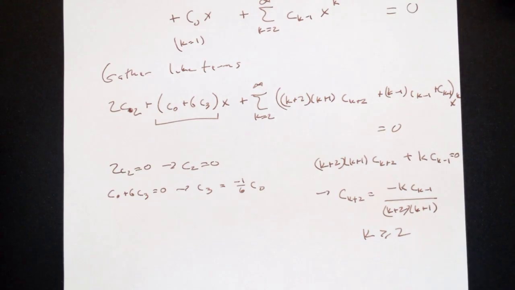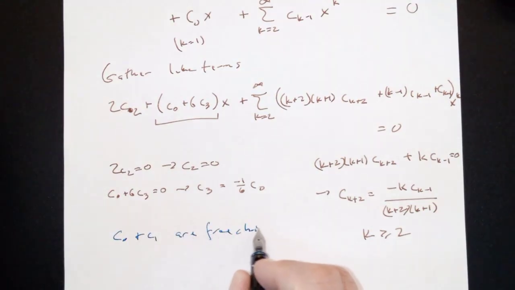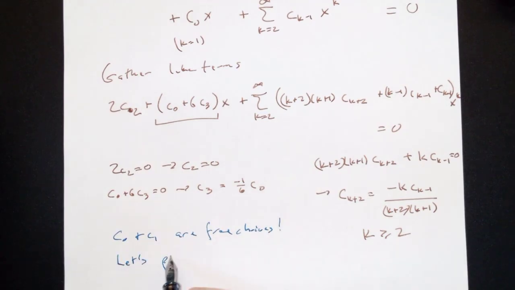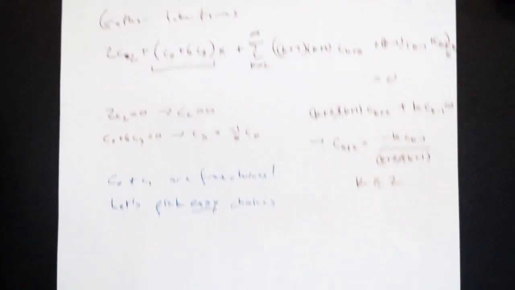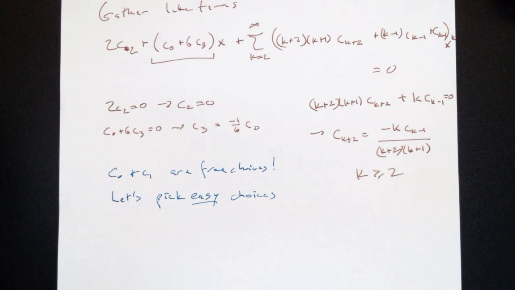Since c0 and c1 are free choices, let's choose them to be easy numbers. As a matter of fact, I'm going to do two different sets of choices.